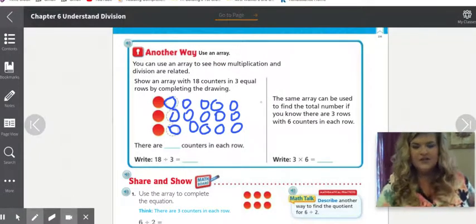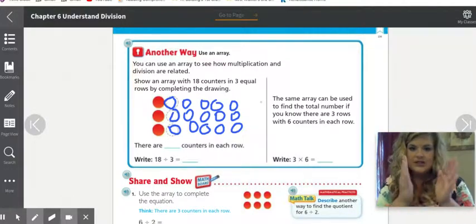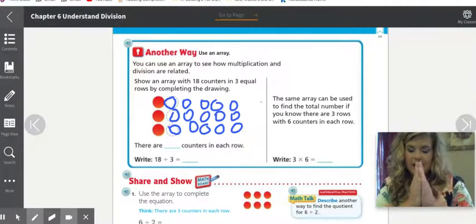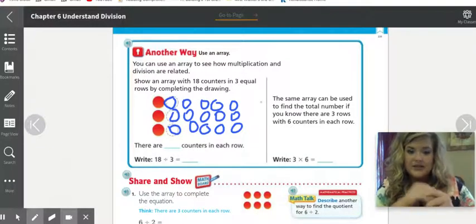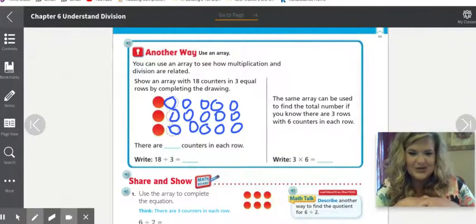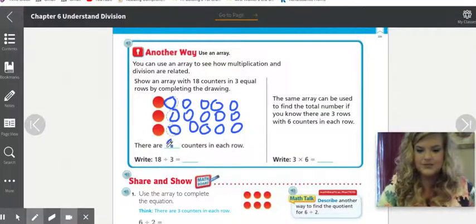Remember, if you think about a column on the front of a building, a column goes up and down. So columns in our arrays always go straight up and down. Our rows go across, and we made sure that we only had 3 rows, although my rows are a little messy because I'm doing it on my computer. So how many counters are inside each row? We only put 6 per row.